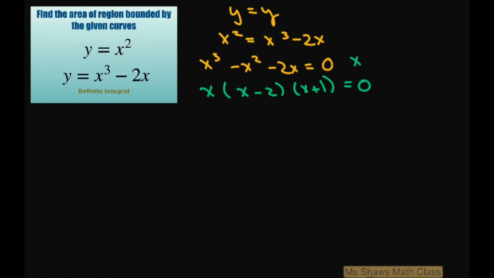All right, just factored out the x. Now, our intersection points occur at x equals 0, x equals 2, and x equals negative 1.